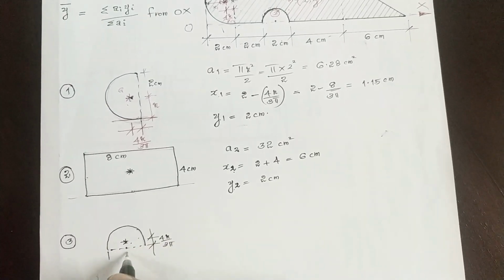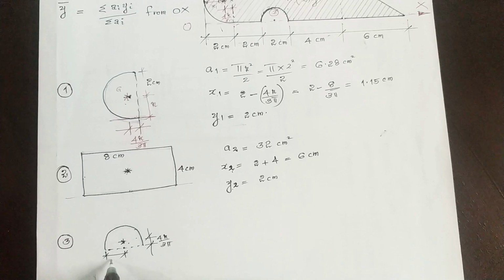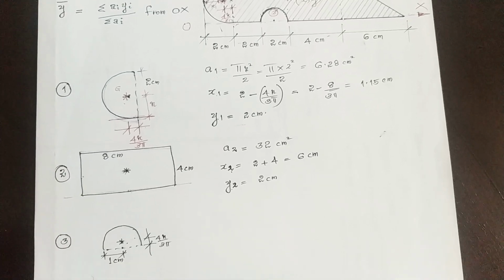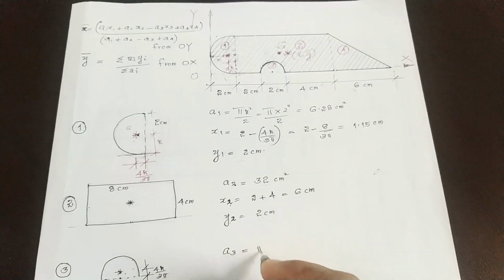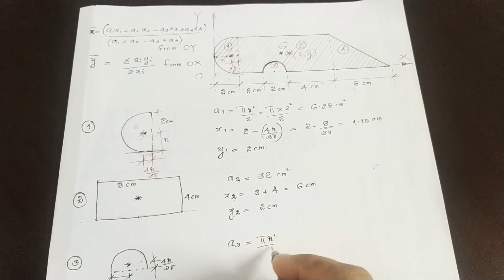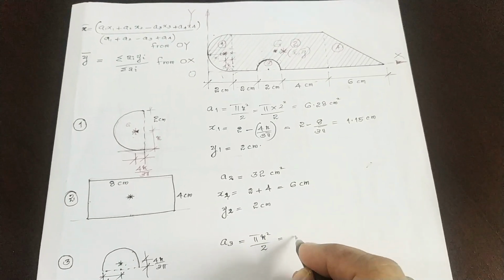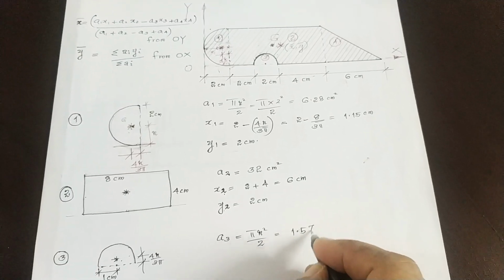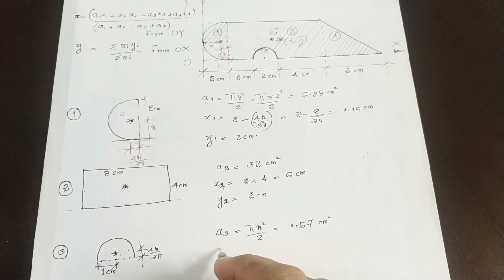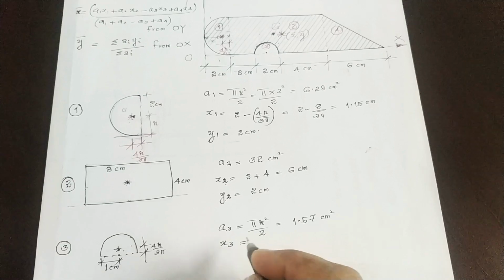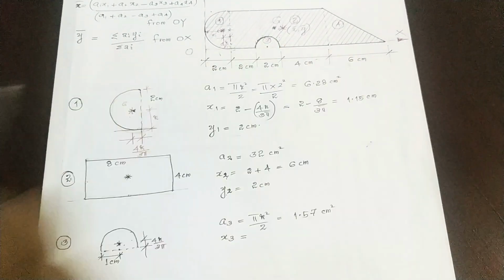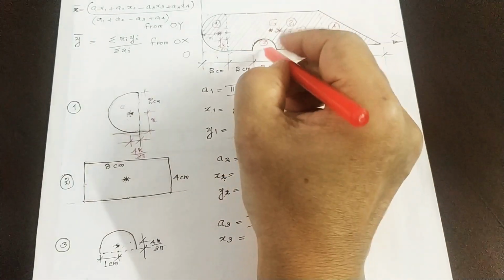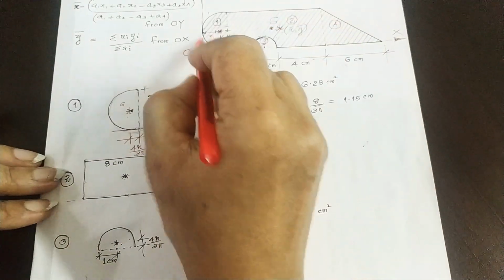And from the end of the diameter it is radius, or rather 1 centimeter. Now what's the area? A3 is pi r square by 2, or rather pi into 1 square by 2, which is 1.57 square centimeter.